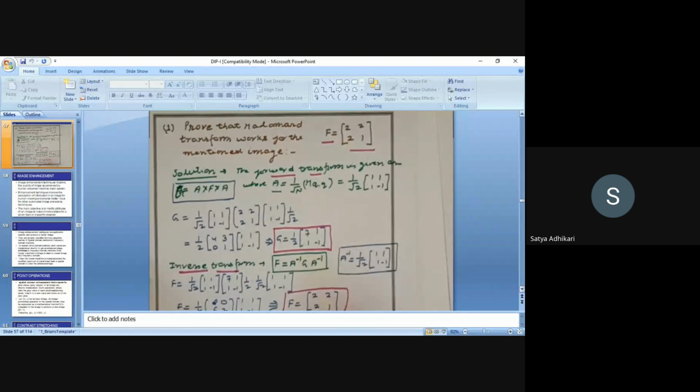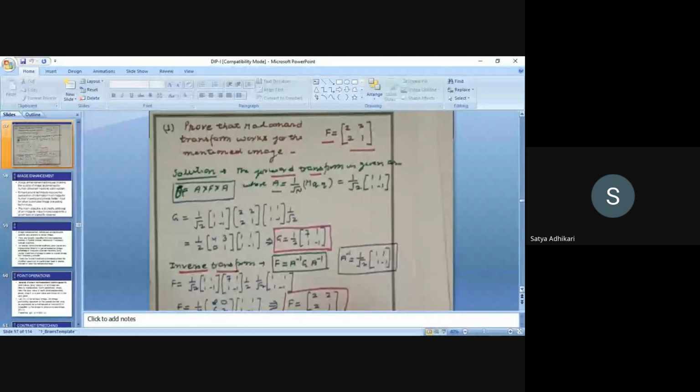Now I am multiplying the first matrix and second matrix. 1 into 2 plus 2 into 1, 4. Please recall the process of matrix multiplication. Take the first row of the first matrix and the first column of the second matrix: 1 into 2 plus 1 into 2, 4. Similarly, the first row and second column, 1 into 2 plus 1 into 1, 3.